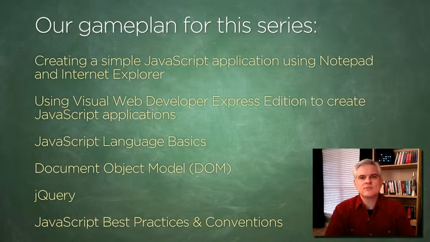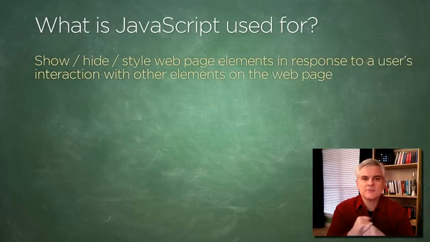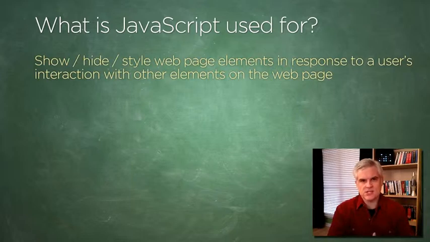So in the past, JavaScript has been used for a few important activities in the web browser. Just to name a few, it's often been used to show and hide text, images, or other HTML elements in the web page based on some interaction between the user and the web page. It's been used to apply styling to HTML on the fly.